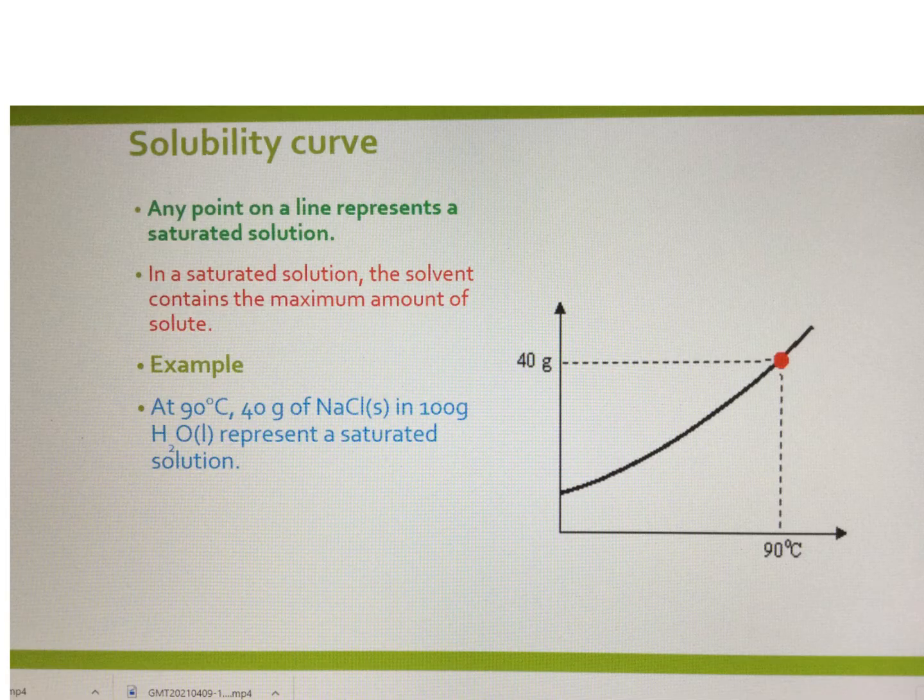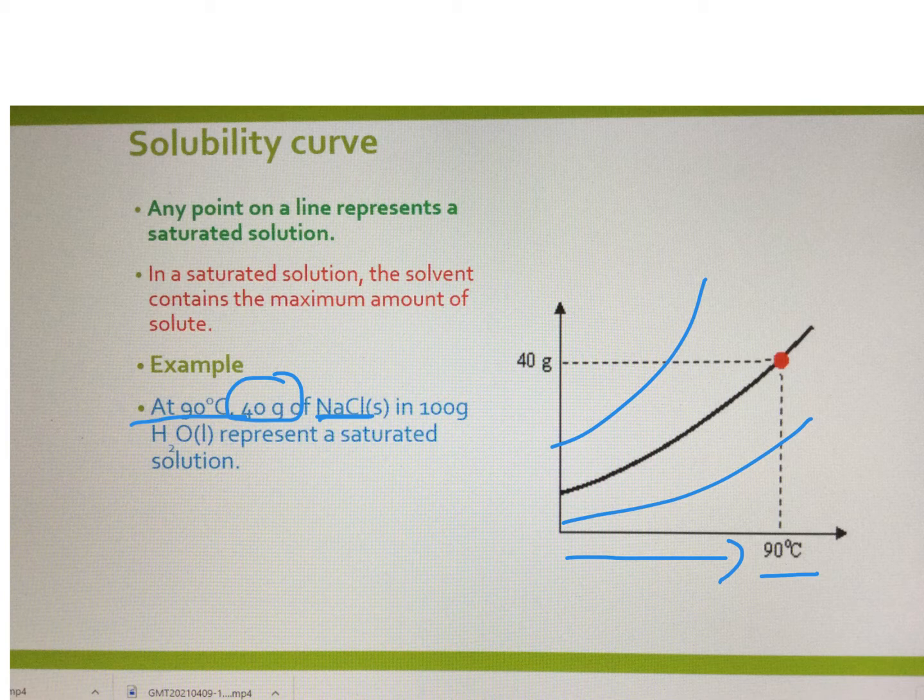Okay, so now let's do an example. In your problem, they're giving you 90 degrees Celsius, so you're going to look up 90 degrees on your temperature line, and they're going to give you a total amount of grams of a particular chemical, because you might have other chemicals crossing in this same solubility curve.